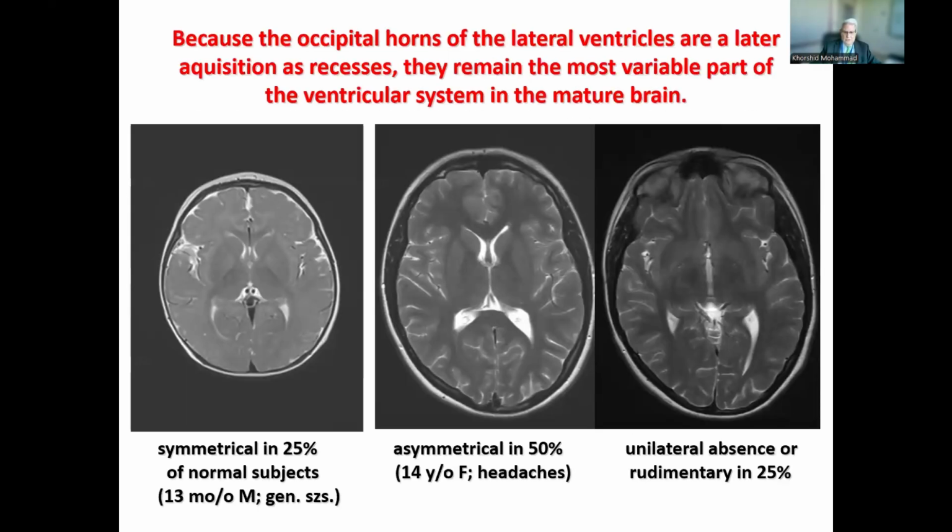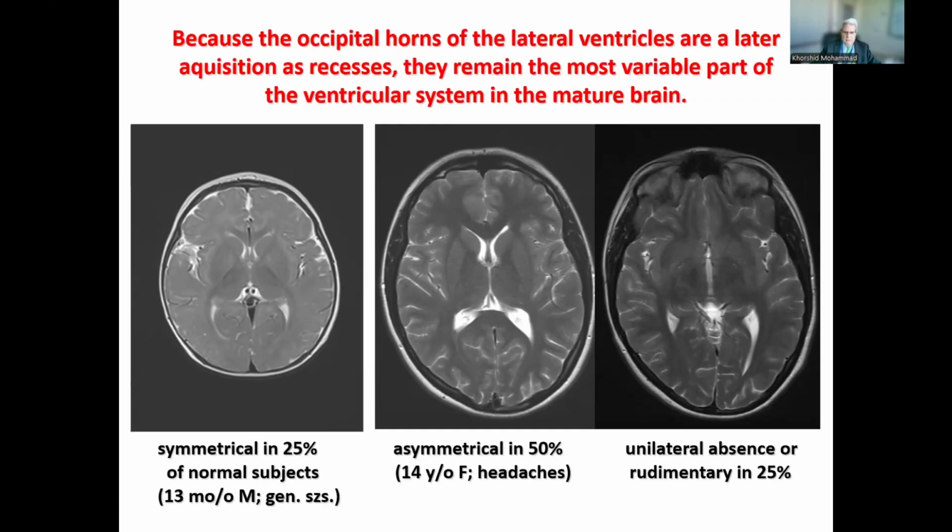It's important also to recognize that because it's the newest part of the lateral ventricles, the occipital horn is the most variable part of the ventricular system, really, as normal variants of otherwise normal brains.